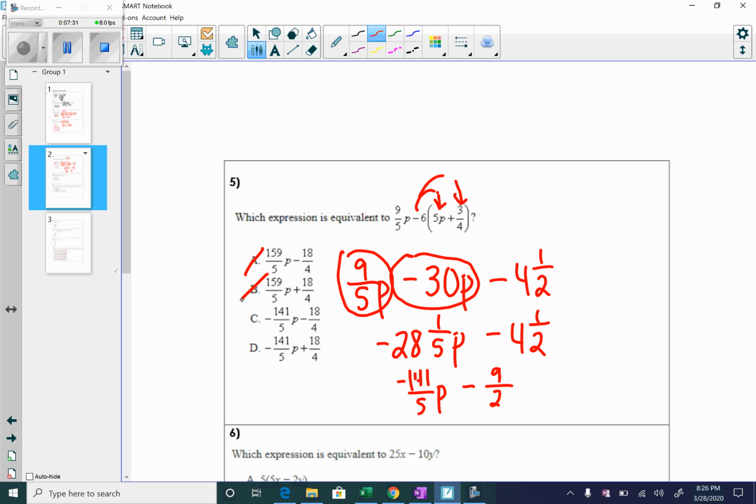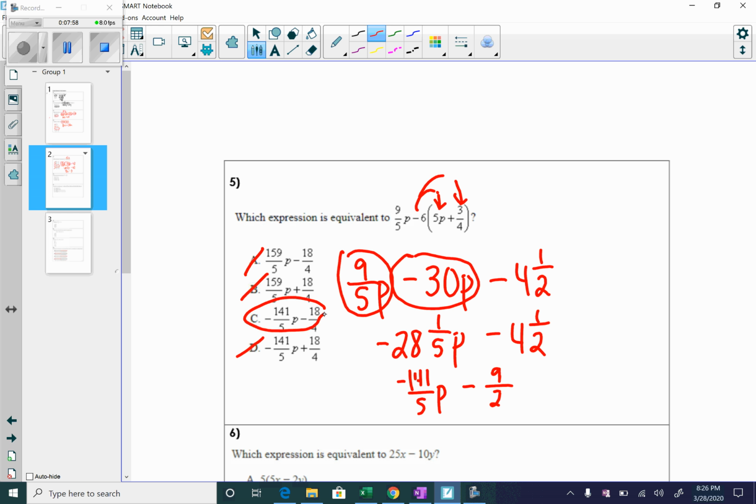If you look at C and D, we know it's a negative term, so we know it can't be D. And for whatever reason, for choice C, they put it in a different format. Instead of writing it as 9/2, they made it an equivalent fraction, 18/4. They just multiplied the numerator and the denominator by 2. No big deal. It's still the same thing. Okay, so our answer is choice C.